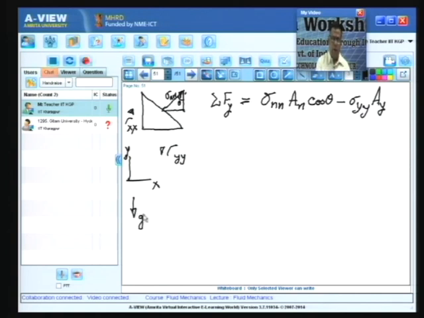So, you are going to have minus the mass of the fluid inside this wedge into g, and this is going to be equal to 0. Now, this mass is the density into the volume.